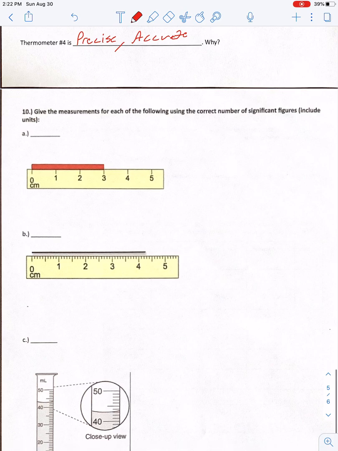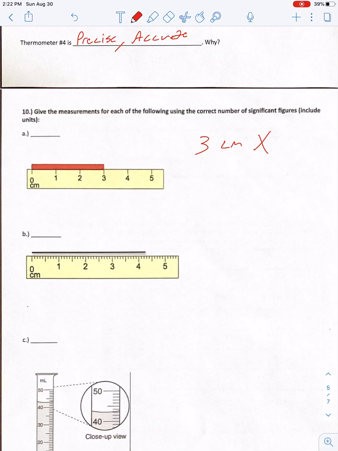Last thing, measurements. When we come to significant figures, you have to always go one more decimal place than you can see. So if I look on this first one, letter A, I can see 1, 2, 3. If I were to write the number 3 centimeters, this would be wrong. I need to go one more decimal place than I can see. So my next decimal place would be the tenths.